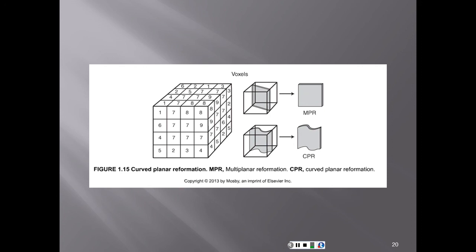If you wanted to look at scoliosis of the spine, sometimes it might be difficult to look at a compression fracture when a patient has severe scoliosis, a twisting and bending of the spine. Well, you can use the curved planar reformation to elongate or straighten out the spine, therefore making a crushed vertebral disc more apparent to you.